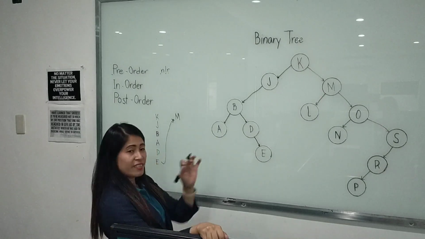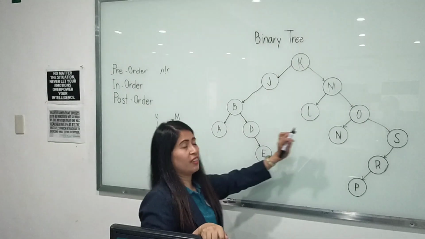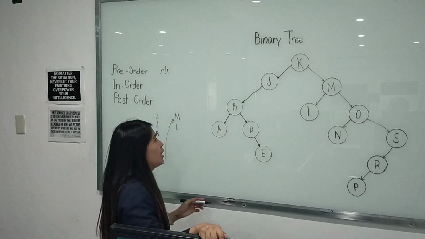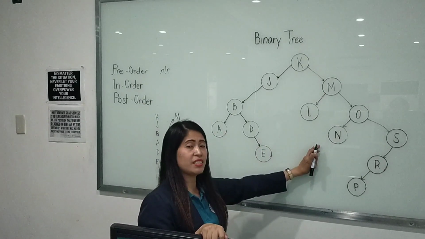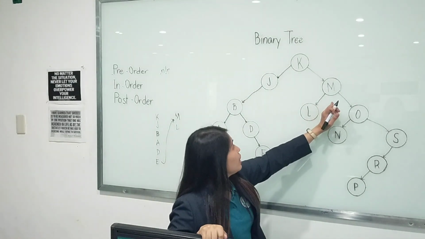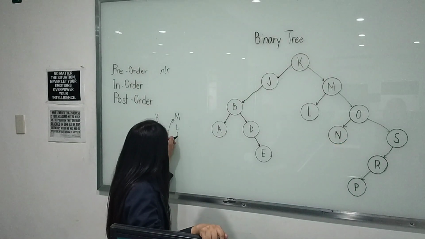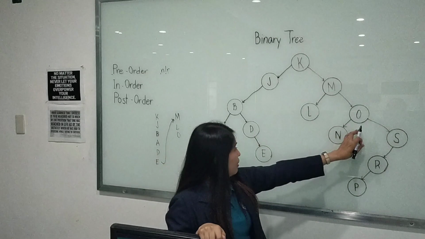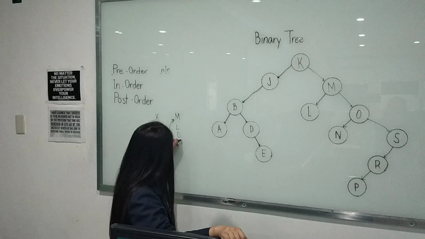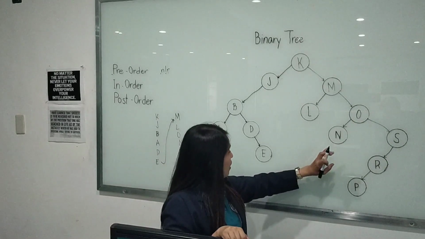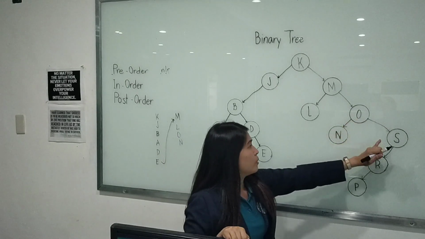And then, as the policy, I will visit the left of the M, then I will go down to the L. And then we go to the left again, base case, and then to the right again, base case, then we will go back to the M, and then we will visit the right of the M, so we go down to the O, and then the left subtree again, so we go down to the N, and then we will visit the left and then the right, so base case again, so we will go back to the O, and we will visit the S.